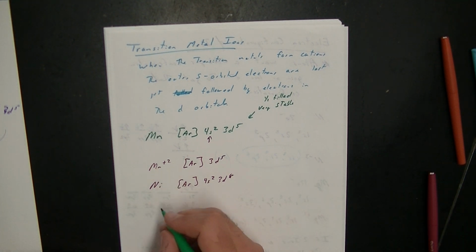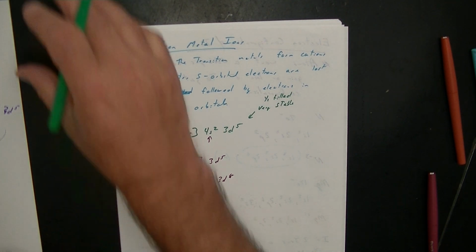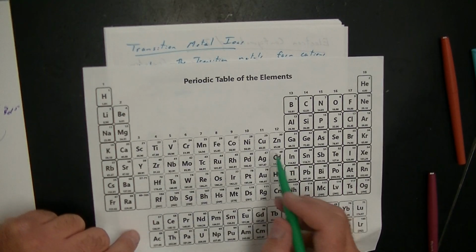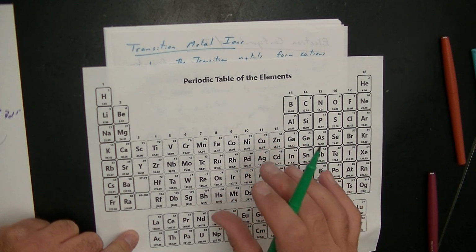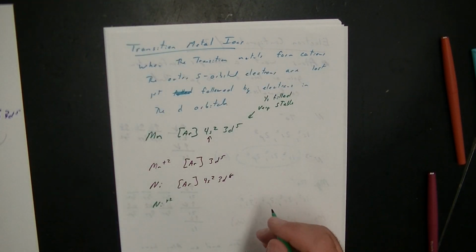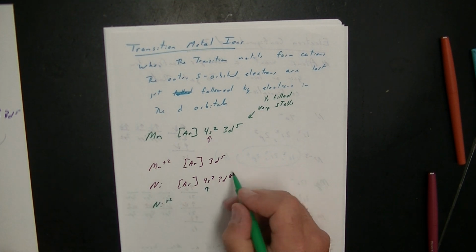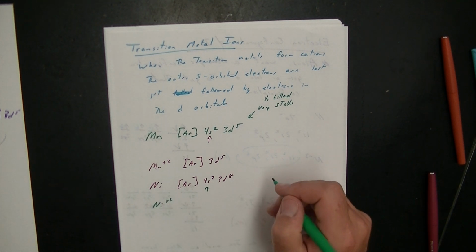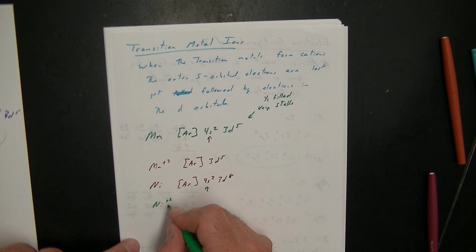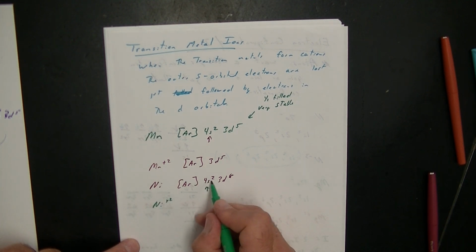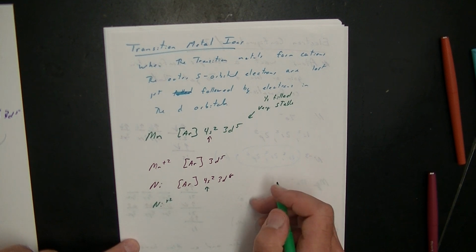Now, nickel also likes to form a +2. As a matter of fact, almost all of these transition elements like to form +2 ions. The reason is they lose these 2 electrons before they lose any of the d electrons. So when nickel becomes an ion, it's going to lose these 2 electrons before it loses any out of the d orbitals.